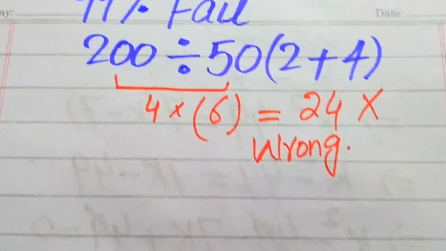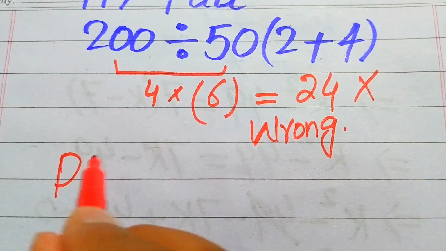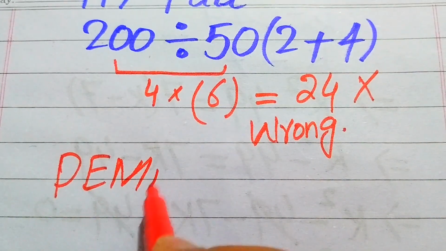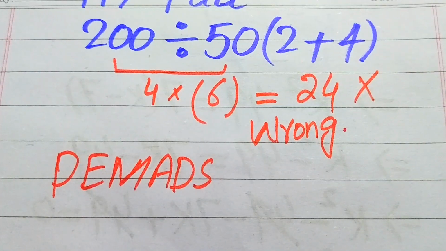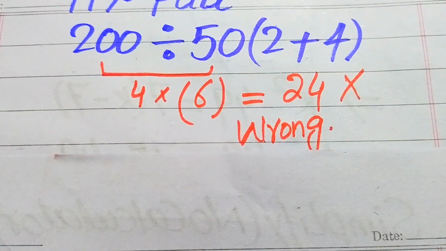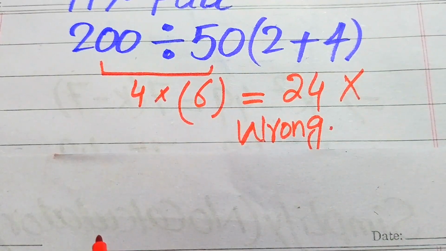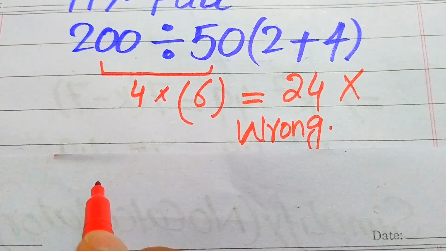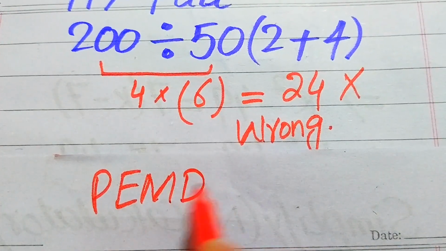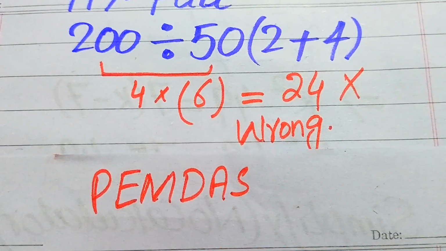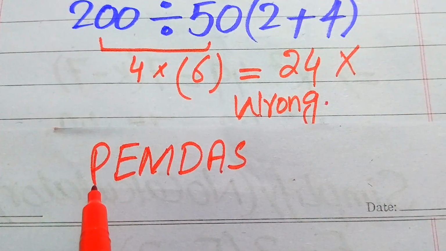Now I can explain the correct way, and in the correct way we use the PEMDAS rule. I hope you already know about the PEMDAS rule. According to this rule, the very first priority is the parentheses.